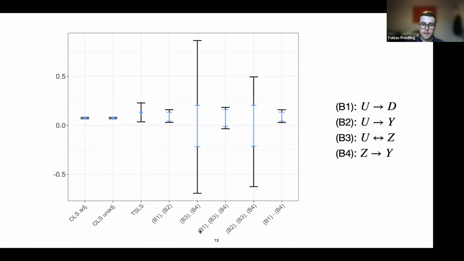If we add either B1 or B2 to these bounds here, we can actually reduce the size quite a bit. And if we add all 4 of them, we get the same result as for just the first 2 constraints.